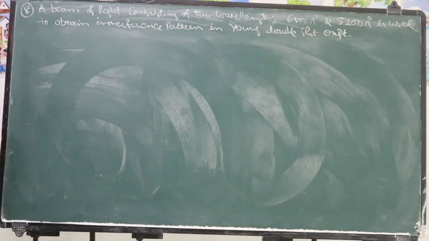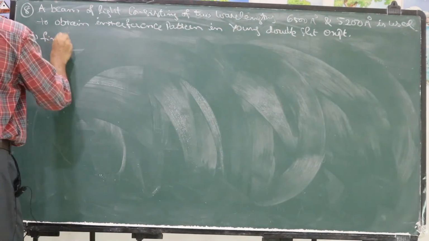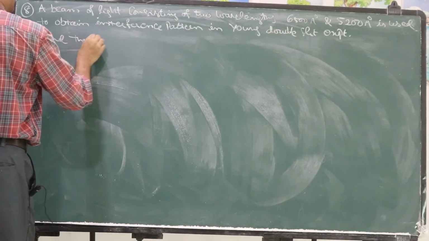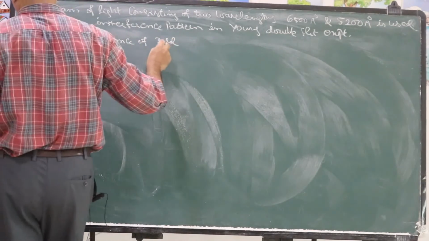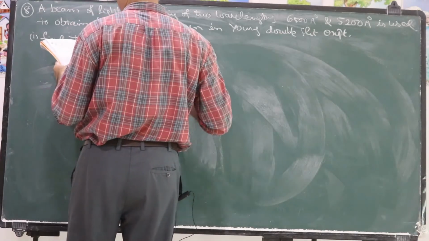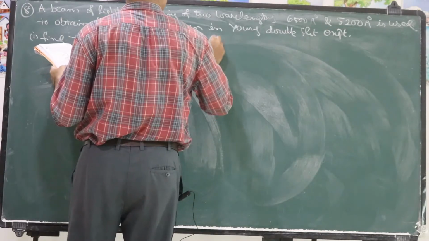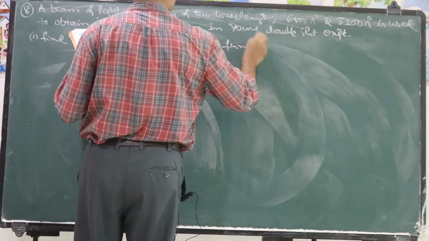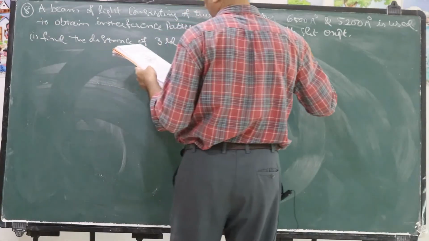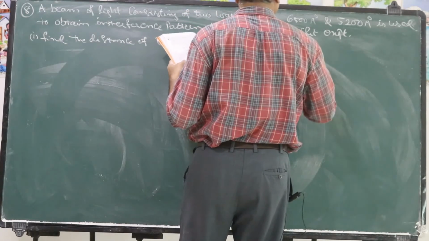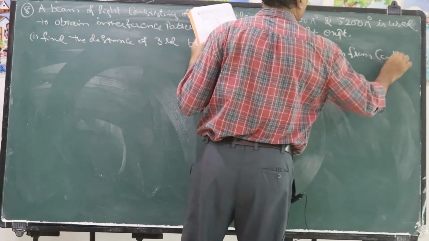In Young double slit experiment, first one, find the distance of third bright fringe on the screen from central maximum.